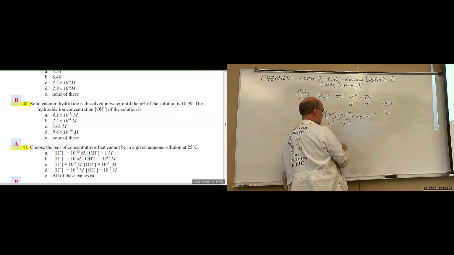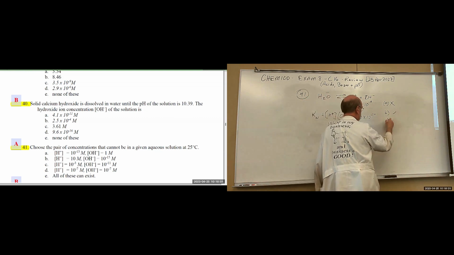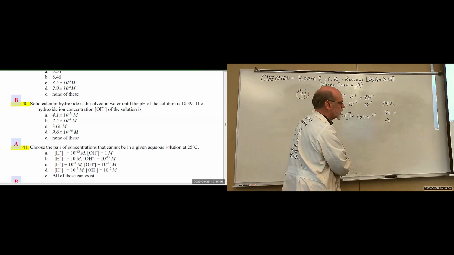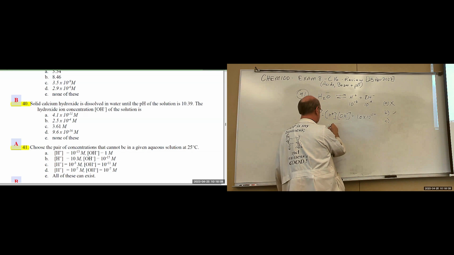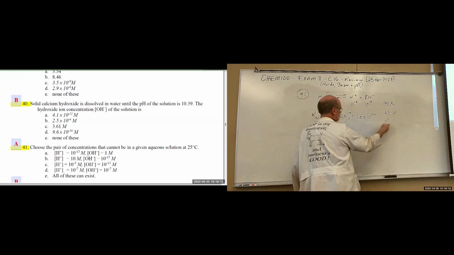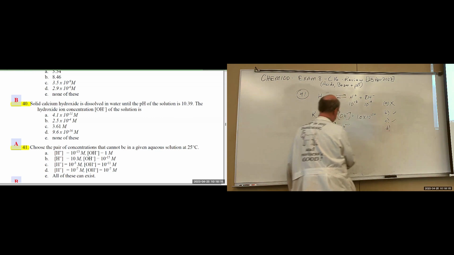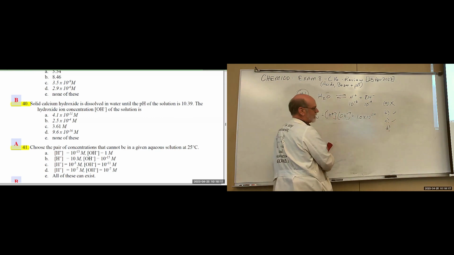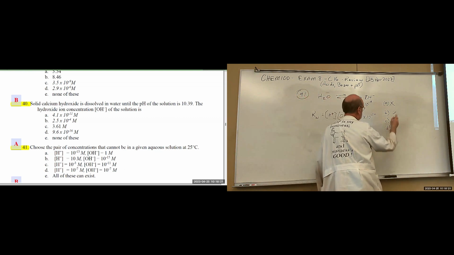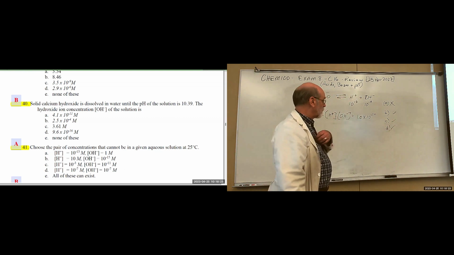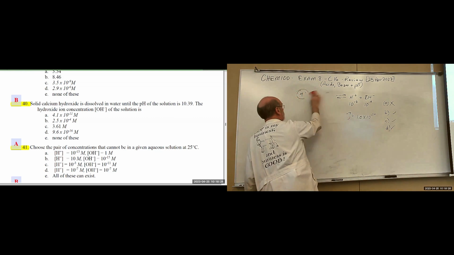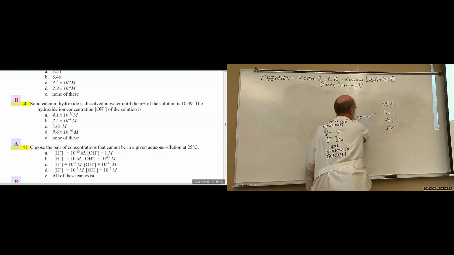Yeah, that gives you 10 to the minus 14. So B is good. How about C? 10 to the minus 3 and 10 to the minus 11. Yep, that gives you 14. C is good. How about D? 10 to the minus 17. We did that one already. So D is good. Okay, so we found our answer. A is the one that cannot exist in water at 25 degrees.